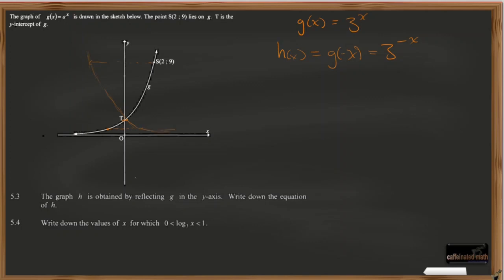Write down the values of x for which log 3 of x is greater than 0 and less than 1. Log base 3 of x is basically obtained by doing this. What is this?